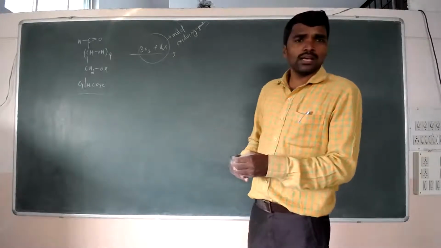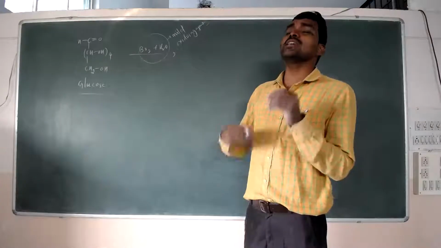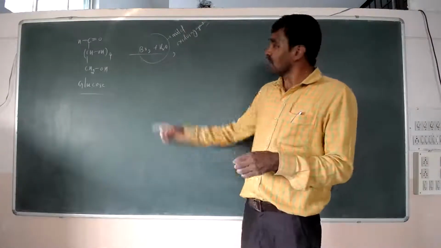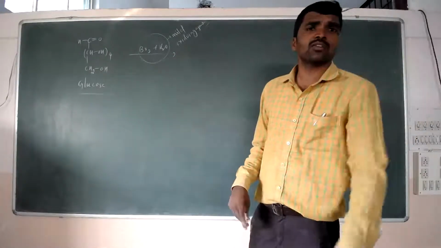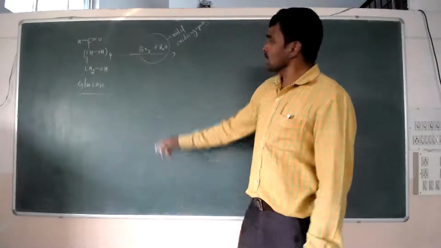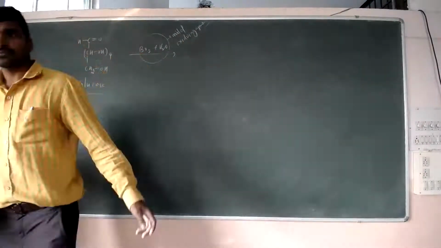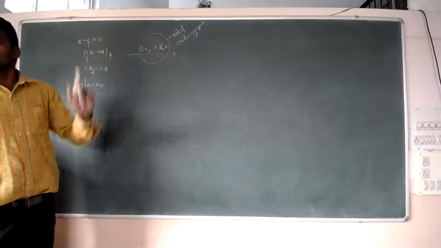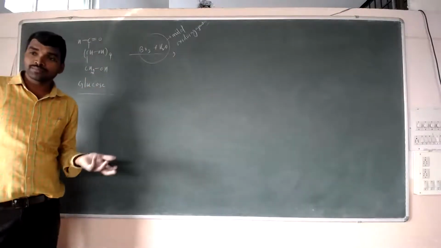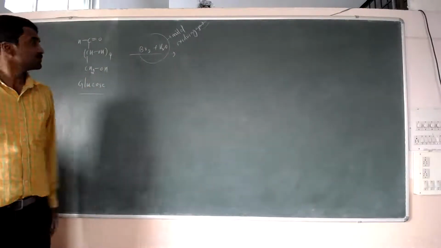If aldehyde is there, it easily undergoes oxidation by a mild oxidizing agent. If ketone is there, it does not undergo oxidation. So here it undergoes oxidation with the mild oxidizing agent. Then what do we confirm? The aldehyde group is confirmed.